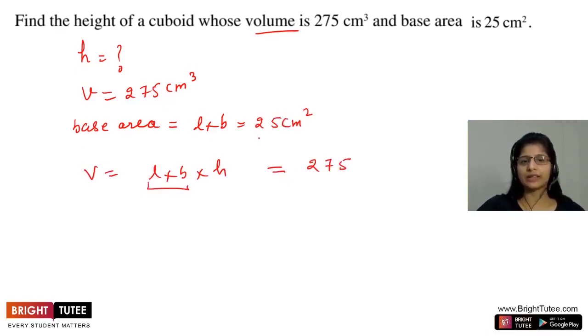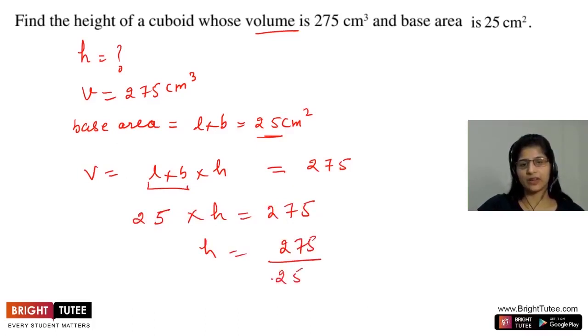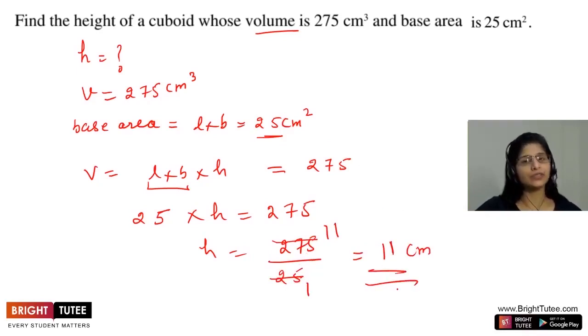Now length into breadth is given as 25, the base area. So 25 into h is equal to 275. H is equal to 275 divided by 25. 25 ones are 25, 2 left, 25 ones are 25. So 11. What is the unit? Centimeter. So the height of the cuboid is 11 centimeter.